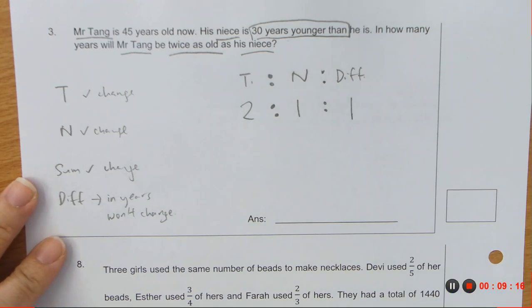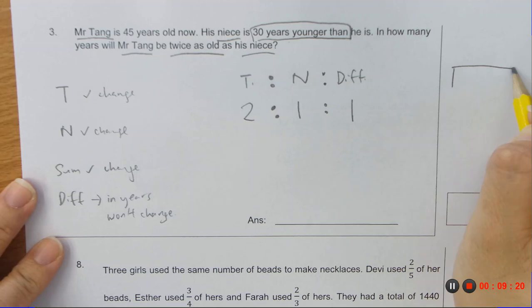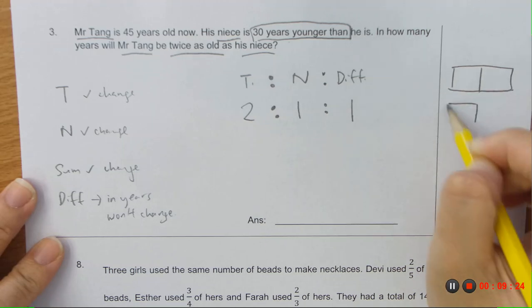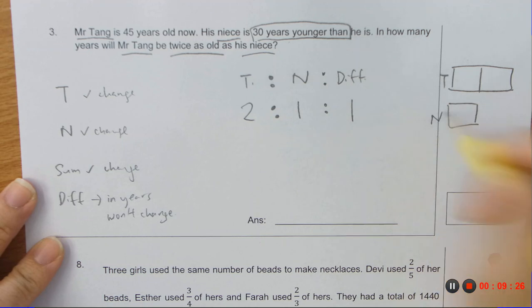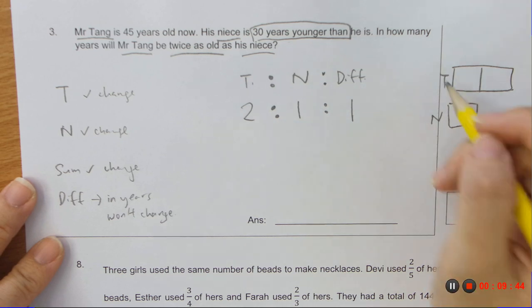If I draw the model out, it says here, this will be Mr. Tang and the niece, and how they're supposed to look like in some years' time. In some years' time, they will be 2:1, and the difference is 1 unit.